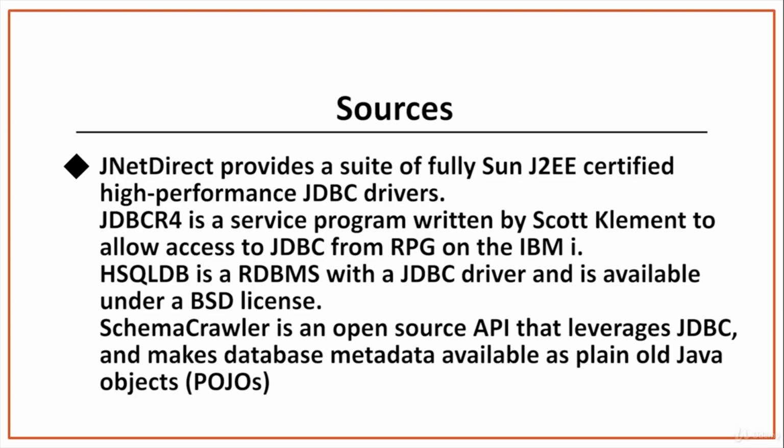JDBCR4 is a service program written by Scott Clement to allow access to JDBC from RPG on the IBM i. HSQLDB is a RDBMS with a JDBC driver and is available under a BSD license. SchemaCrawler is an open-source API that leverages JDBC and makes database metadata available as plain old Java objects, or POJOs.